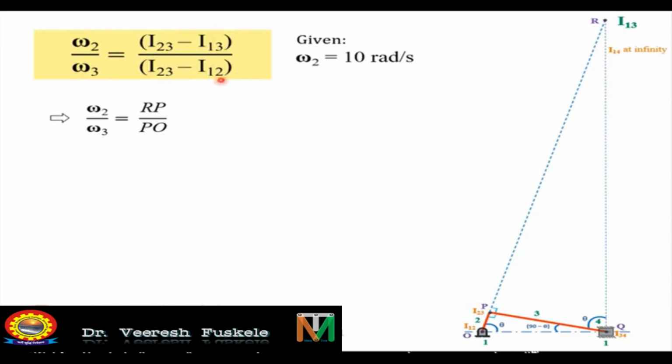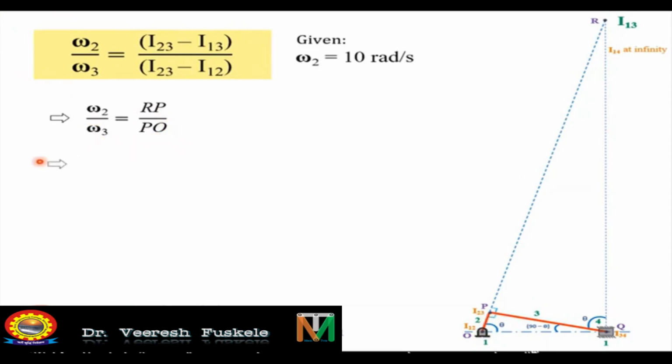So omega 2 upon omega 3 will be equal to Rp upon PO. I23 minus I13 is this distance Rp. Similarly, I23 minus I12 will be PO, this distance. So omega 2 upon omega 3 will be Rp upon PO.